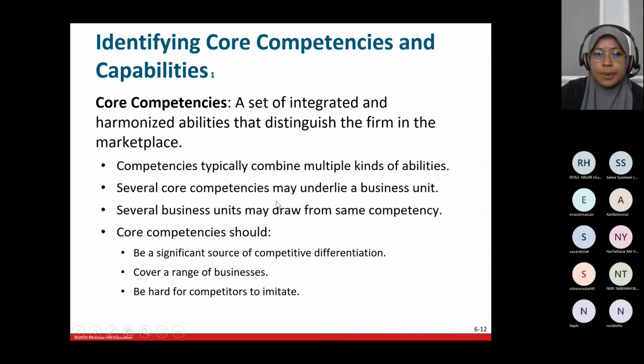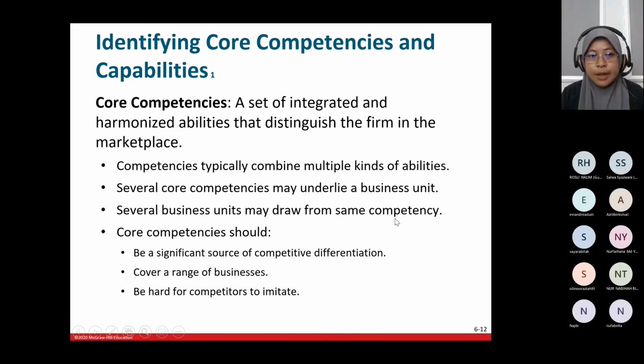Several core competencies may underlie a business unit. If we are discussing the marketing department for Apple, it must have lots of core competencies for one business unit. And several business units may draw from the same competency.